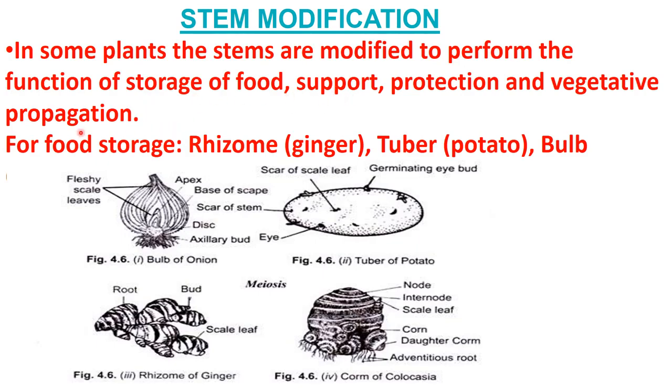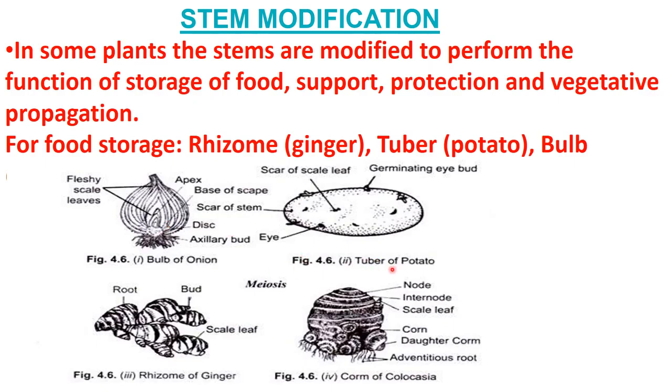So the first modification is for food storage. Examples are rhizome in ginger, tuber in potato, bulb in onion, and also corm in colocasia. See here, this is the bulb of onion, which is storing food. This is a stem modification in onion, for the storage of food.